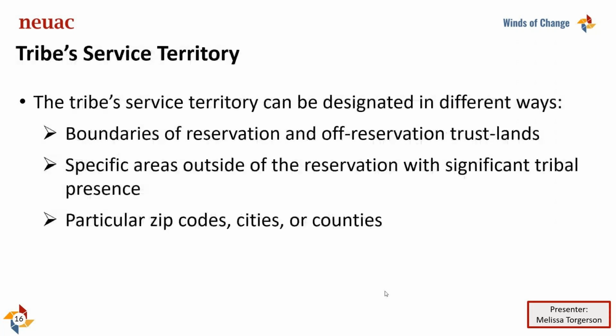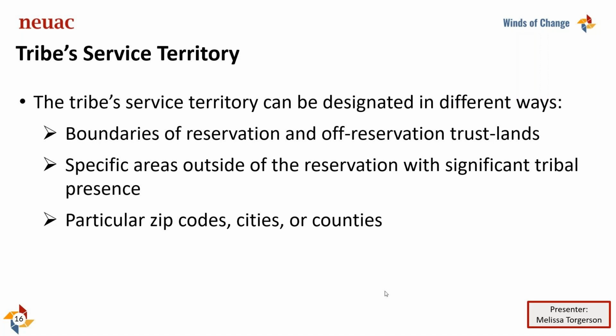Now, the service territory is the first thing that I remember in Oregon. I remember thinking, oh, this is really important because we have several reservations where people are not in one area of the state. And it didn't make sense to me that those people should have to drive to the tribal office, which was clear across the state, in order to get a LIHEAP benefit. And so this is why a negotiation with your state can be really helpful, because you can identify the boundaries of your reservation or trust land.